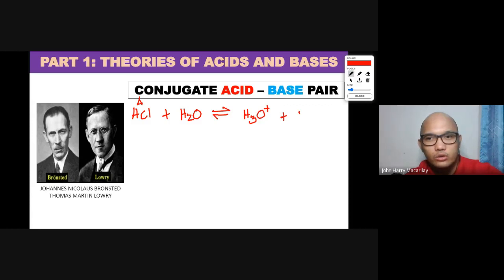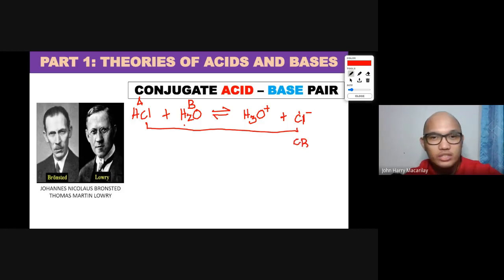a chloride ion. Sorry, chloride ion. All right. So correction a while ago, this should be a chloride ion. So hydrochloric acid plus water will produce a hydronium ion plus a chloride ion. So water will serve as a base. So the acid will donate its proton to water. After donating, the acid will produce the conjugate base.